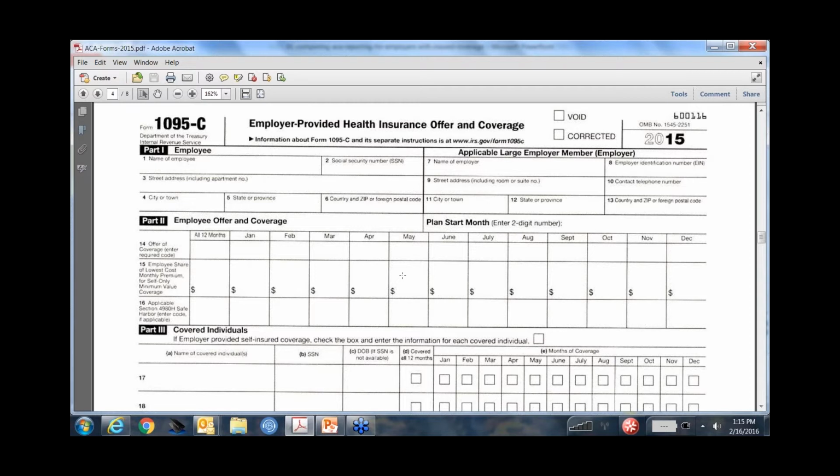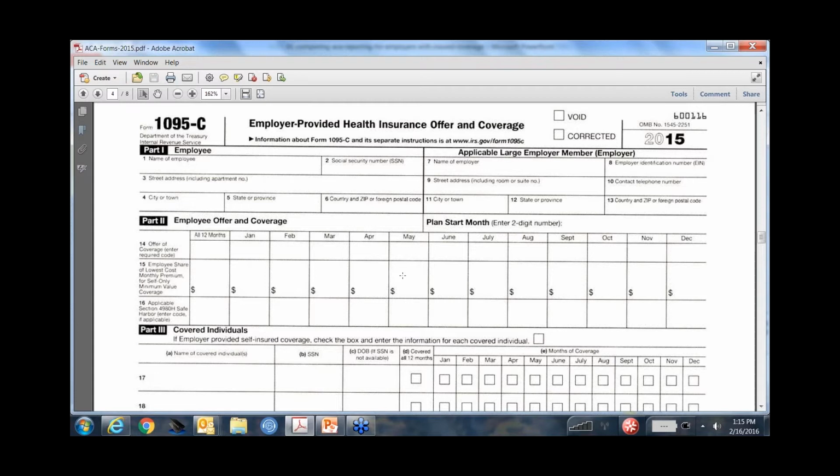Anybody has any other questions? Any general questions? So the only person that gets this form is a person who would qualify for the benefit? No, any full-time person. And full-time definition is 130 hours in any month.